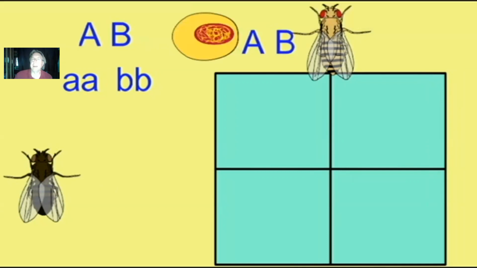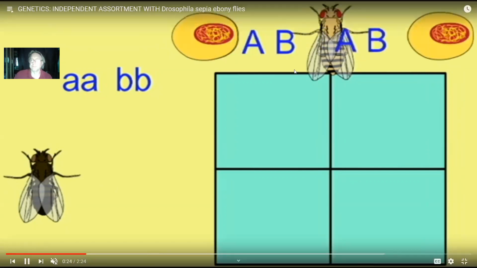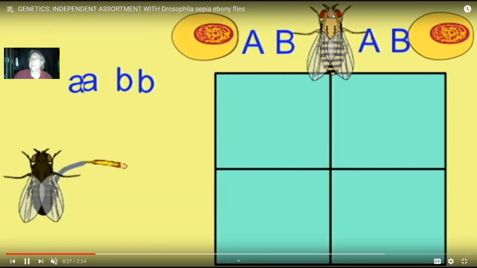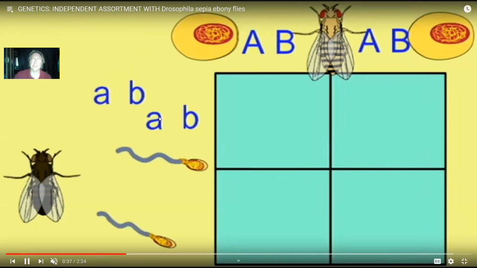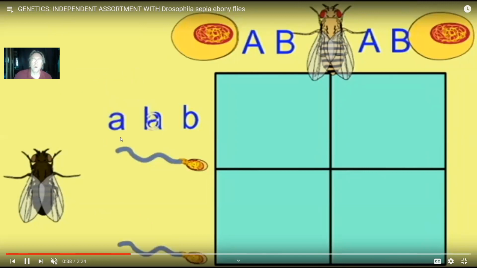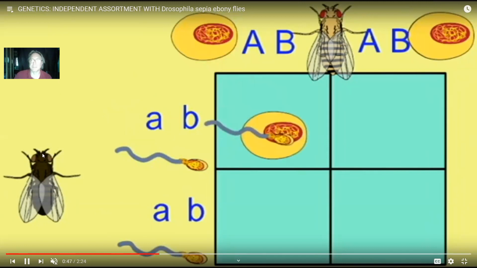So if sepia and ebony were assorting independently, then what we would observe is that this female having two dominant alleles would make gametes which have a dominant A and a dominant B, one for the sepia gene, one for the ebony gene. If this male were homozygous recessive for both of those genes, all of his sperm would carry a recessive allele for the sepia gene, a recessive allele for the ebony gene.